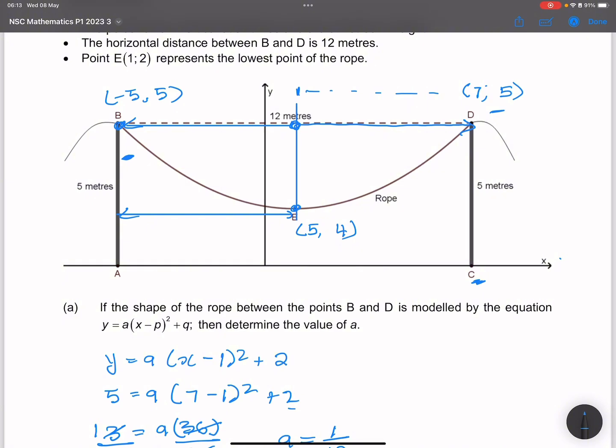So that's 5 minus negative 5. So this would be 10 units. All right. So it must also be 10 units going that way. So if it's 5, then that vertical pole must now be at 15, right? So please note, it must be at 15 because I'm going to add 10 to the 5. That's the turning point, right?